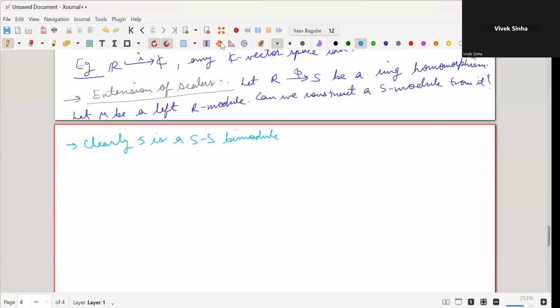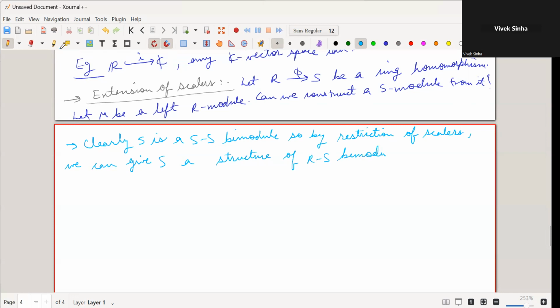It has a left module structure from S and it has a right module structure from S. So by restriction of scalars, we can give S the structure of an RS bimodule.